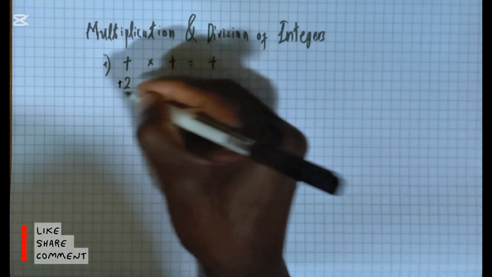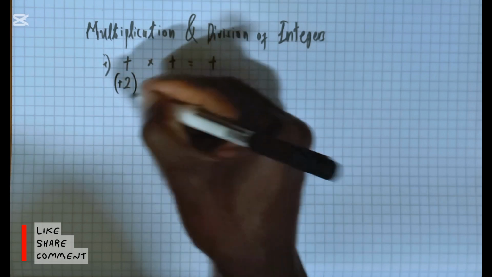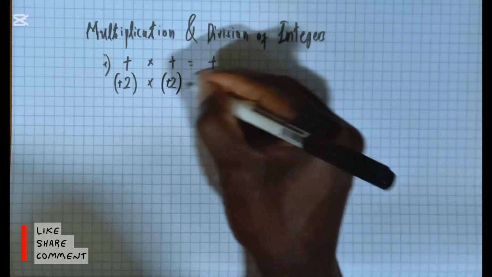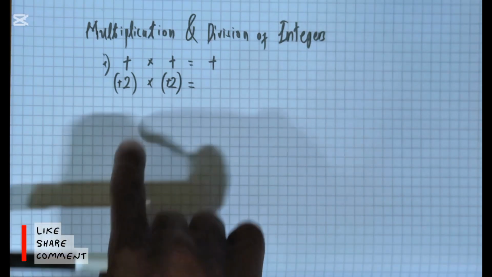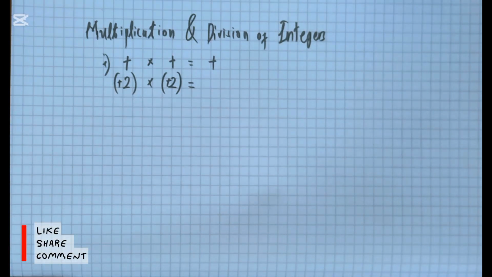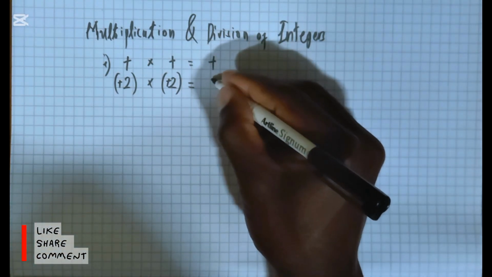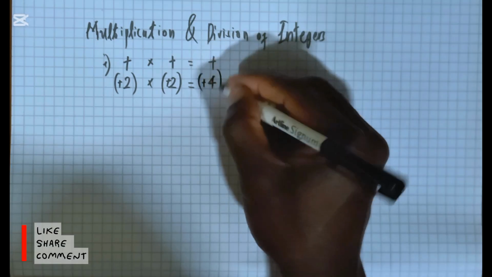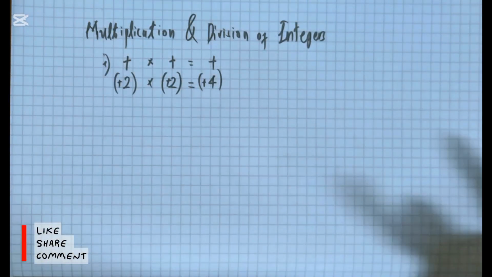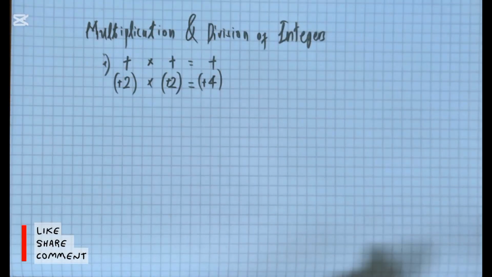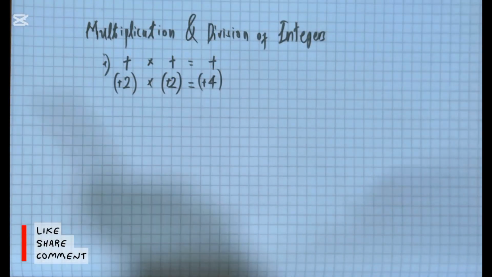Or maybe I have it as positive 2 times positive 2, so that you understand that. 2 times 2 gives me 4, which is the same as positive 4. So anytime you have two positive numbers and you're multiplying them, you are always going to get a positive product.